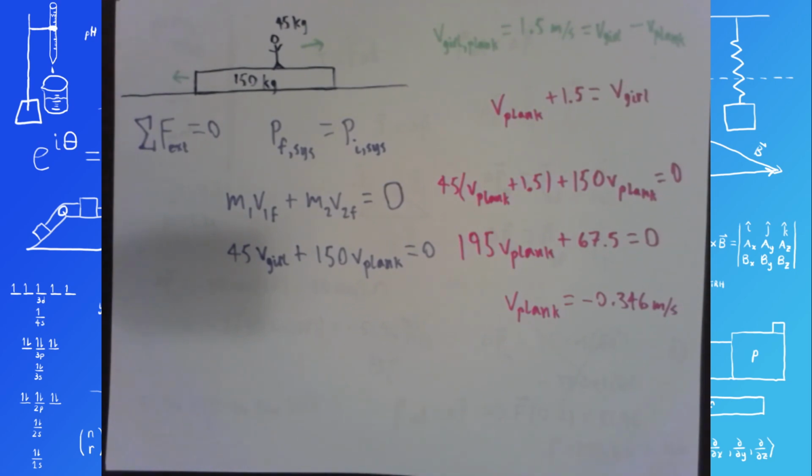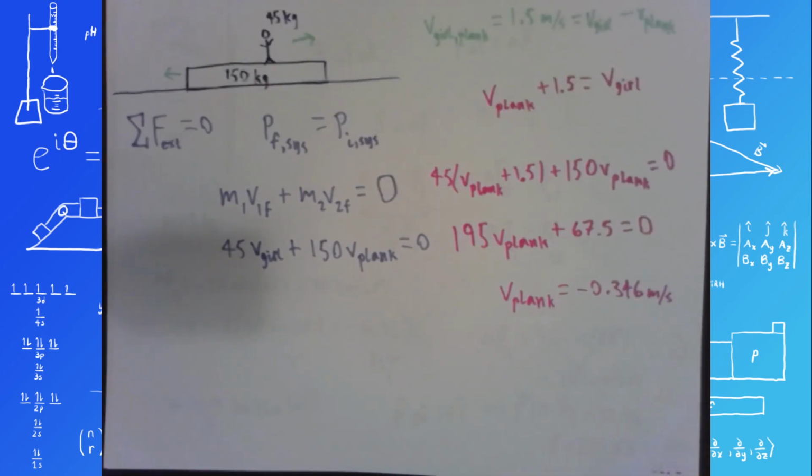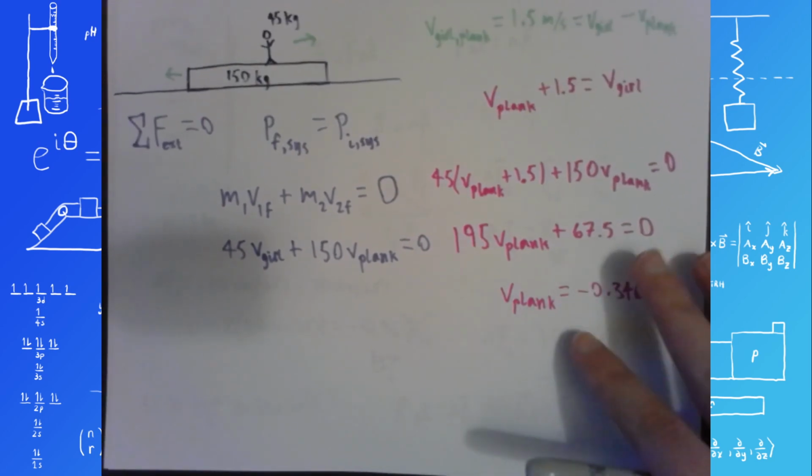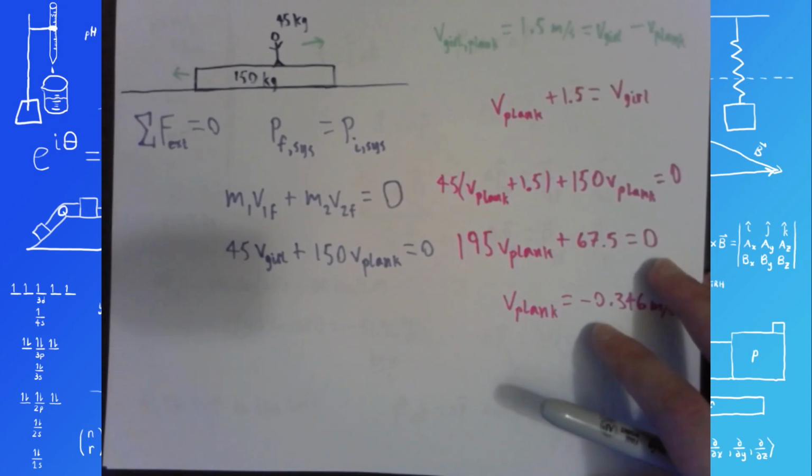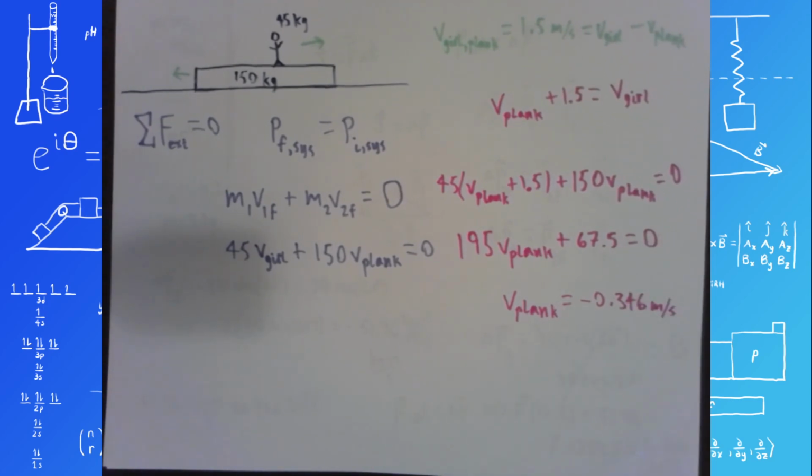And the velocity of the girl is close to, but not quite, 1.5. It's 1.5 more than the plank. So yeah, I would expect V plank to be pretty small in comparison.